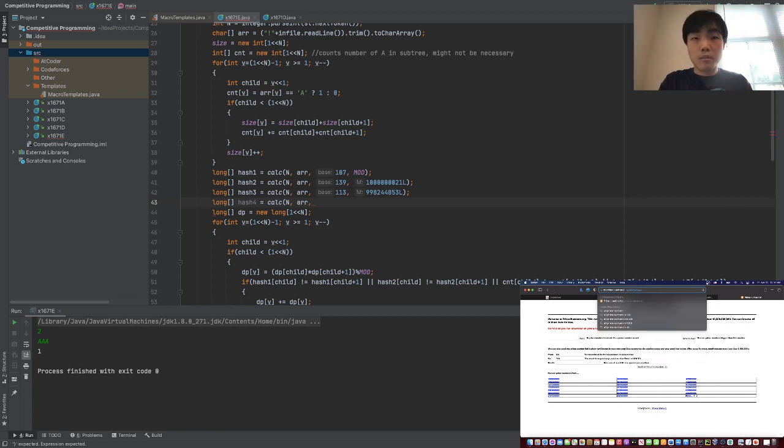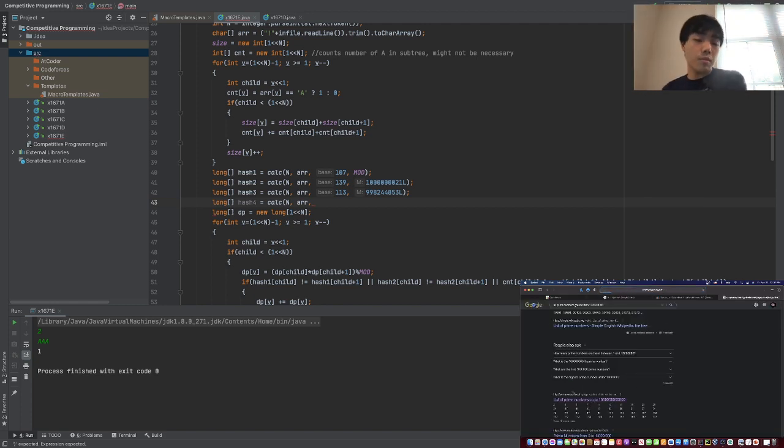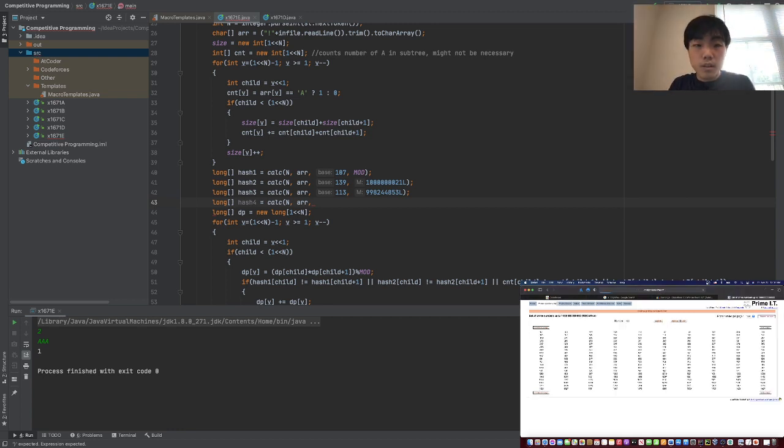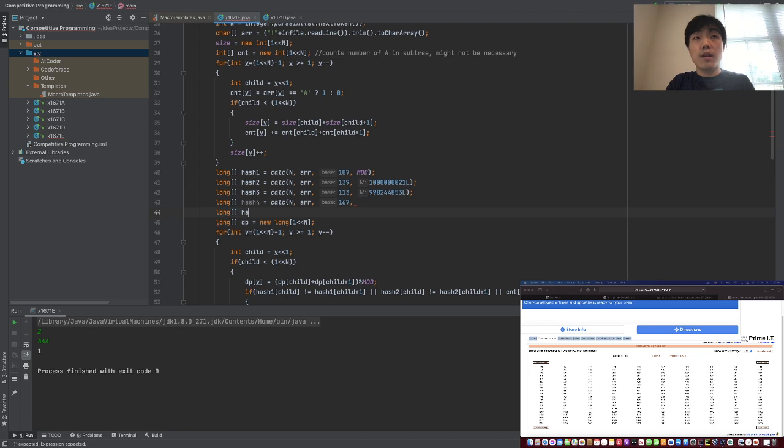All prime numbers greater than. Okay. What's the prime numbers up to this? Okay, this is the website I wanted to look for. Let's do 100, 101. Okay, let's do 167. But 167 is a base, and then long hash 5 is equal to count n array 233.